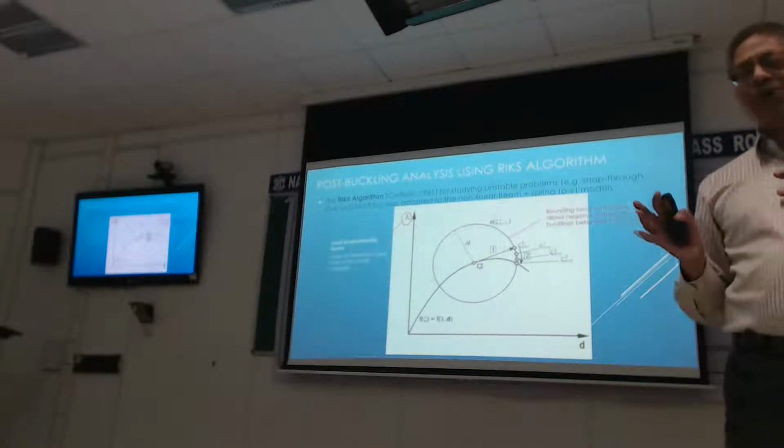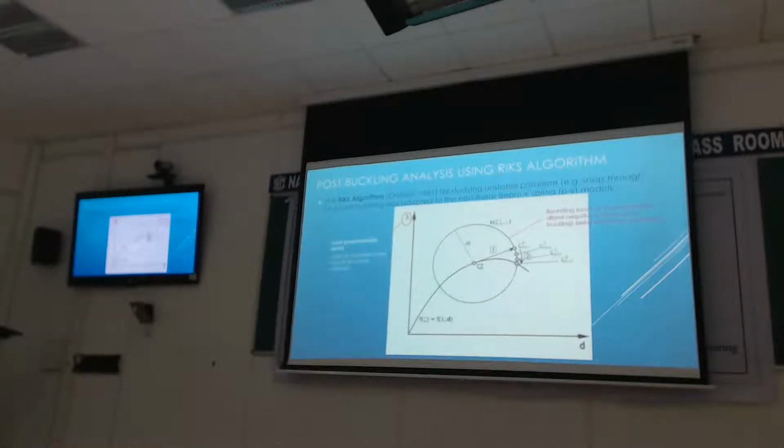A quick and easy way to solve for that is to project this load forwards as a tangent to this, and I choose a yield surface, a bounding surface, and find where I'll go to. Clearly, that will be an overestimate. So I should be here, but I'm here. I know I need to come down, so let me try a small decrease in my lambda factor. Then I come here and I'm still not on this surface, so let me try one more, until I'm back on this.